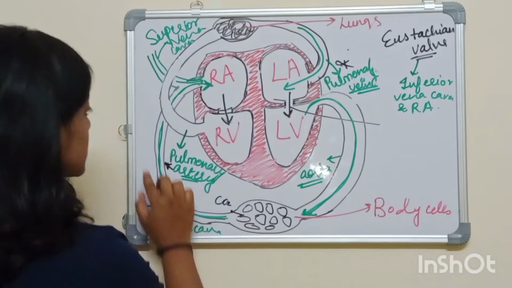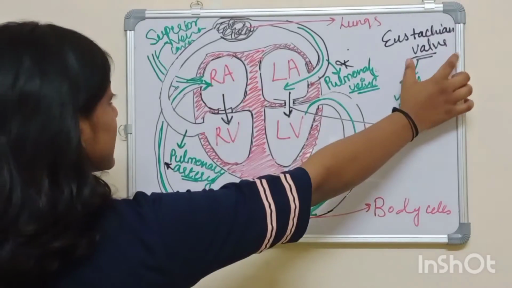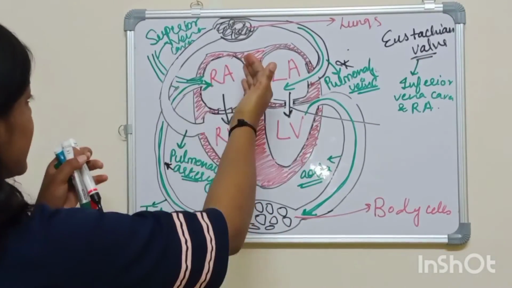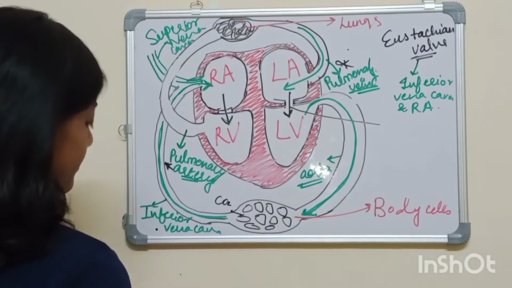As blood goes into the right atrium, this Eustachian valve prevents the backflow of the blood into the inferior vena cava, right?